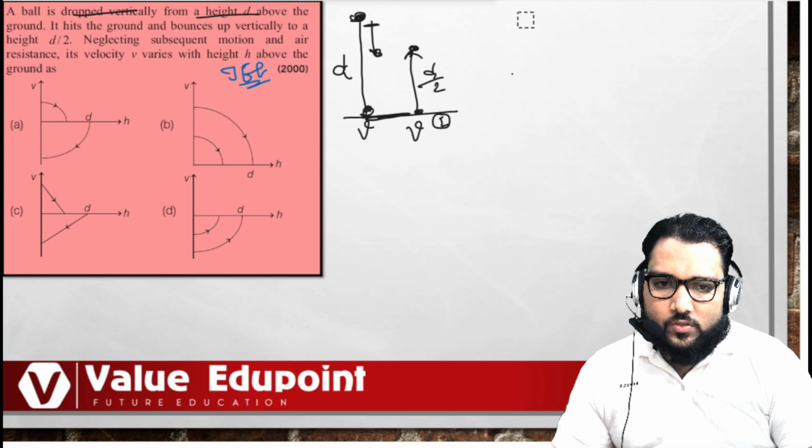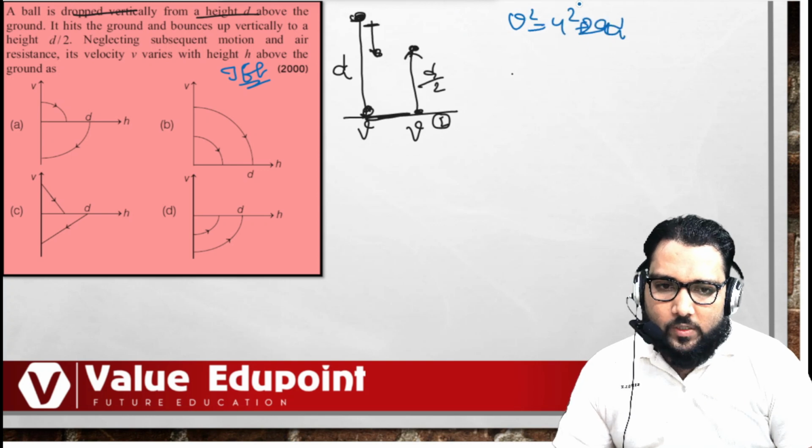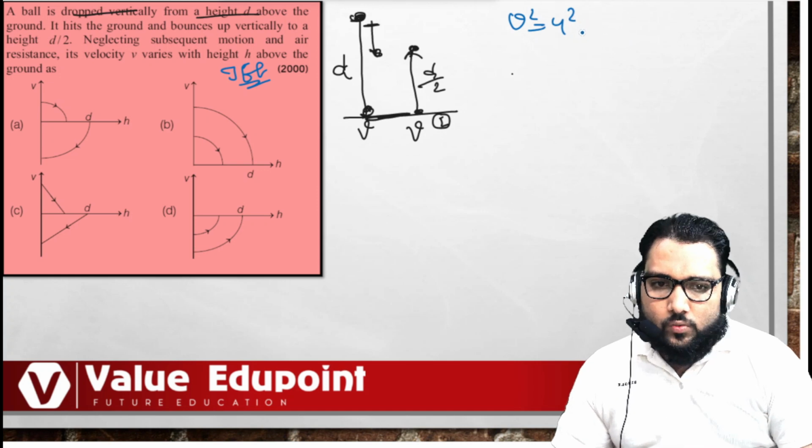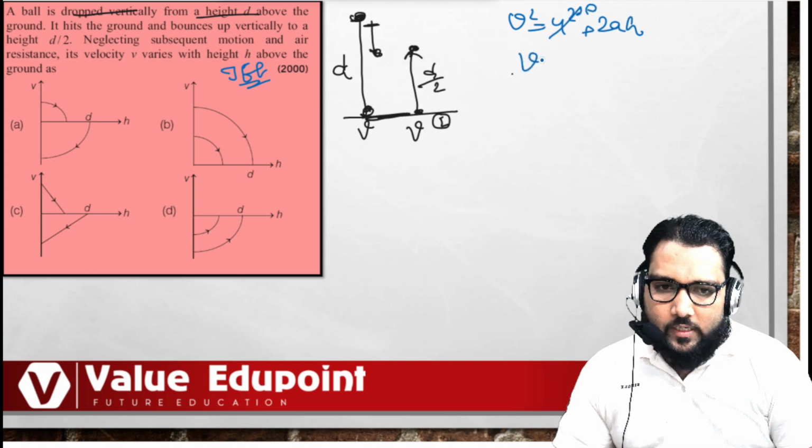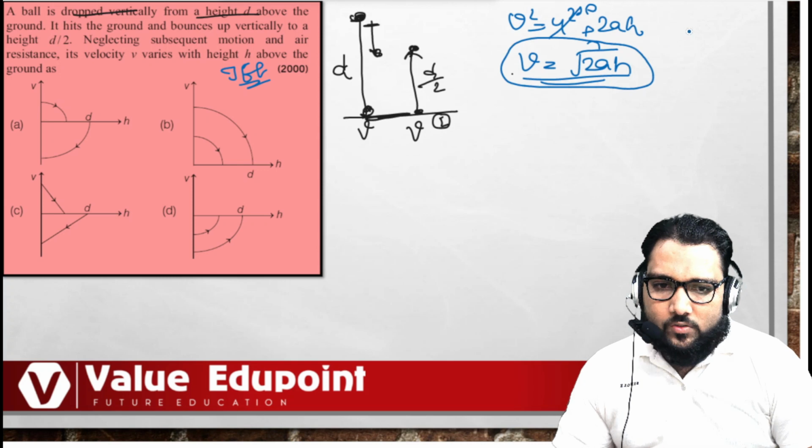We will use the third equation of kinematics, that is v square equals u square plus 2ah. Here the acceleration is constant, so that's why plus 2ah. Initial velocity is 0, so v comes out to be root 2ah. Okay, so this is the equation of a parabola.